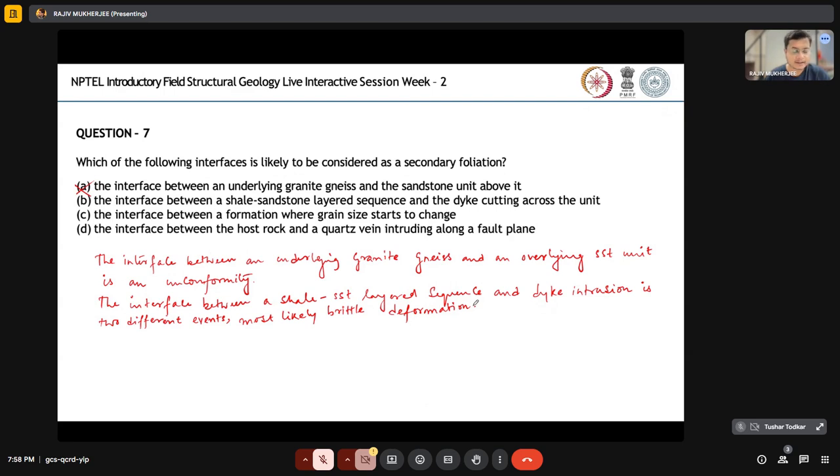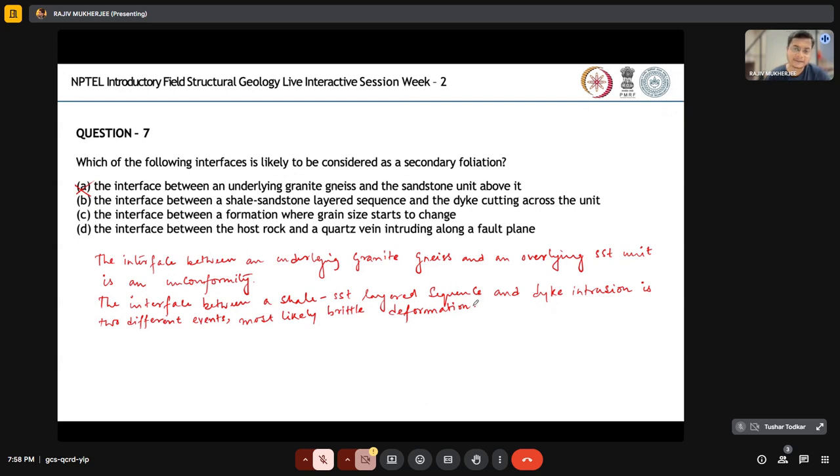if there is little to no differential stress acting perpendicular, or oblique, to these layers, so that there can be some signatures of ductile deformation, the secondary foliations that we observe in this case might not be present, right?